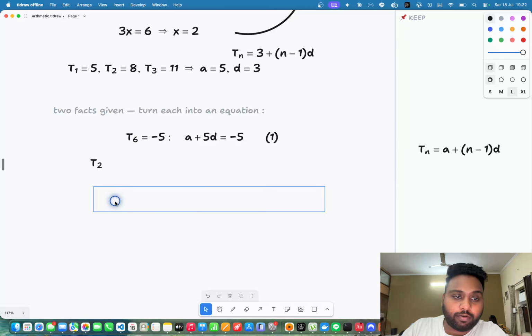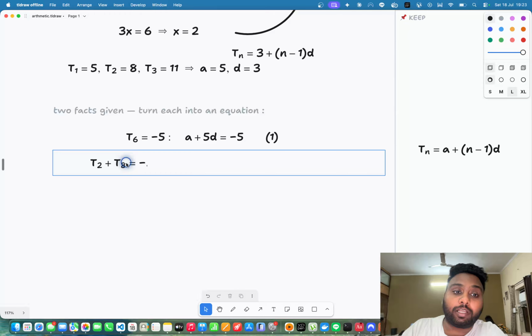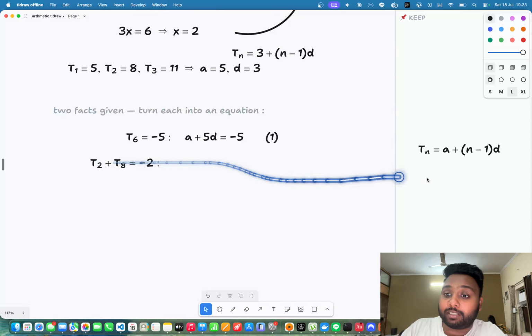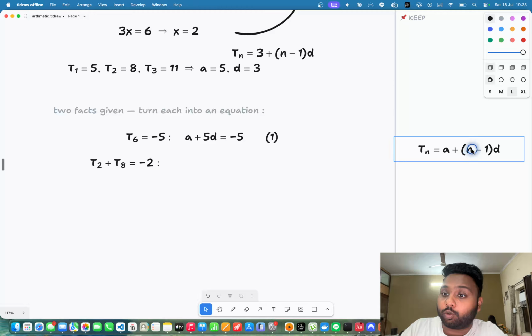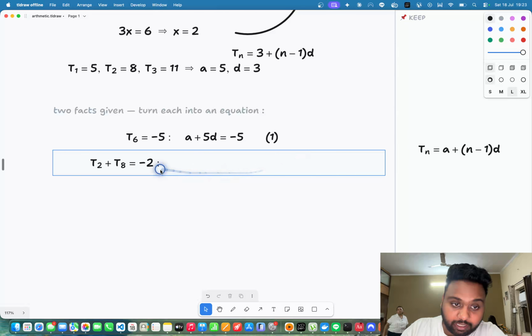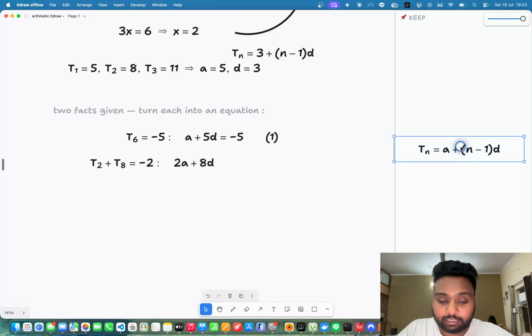In the question, another fact that has been given to us is t2 plus t8 is equal to minus 2. Can we write t2 as a plus d? If I put n equal to 2, t2 is going to be a plus d, and t8 is going to be a plus 7d.